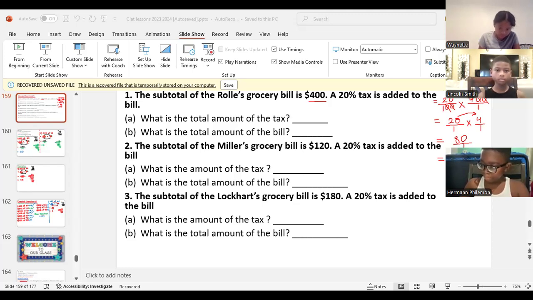All right, number 4 is in the chat. Let me put number 5 in the chat as well.